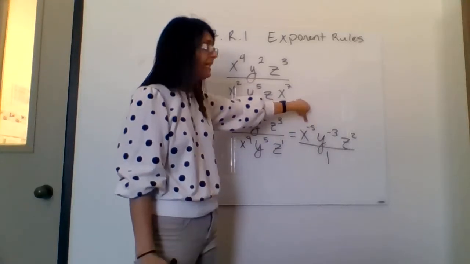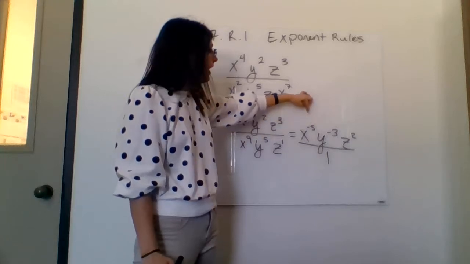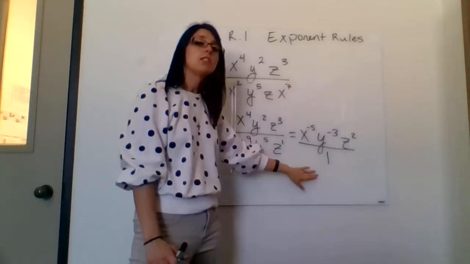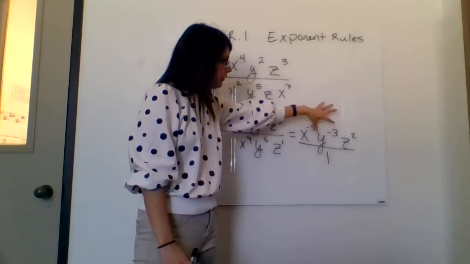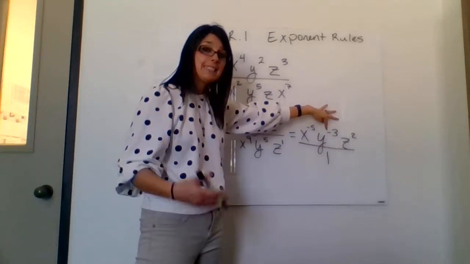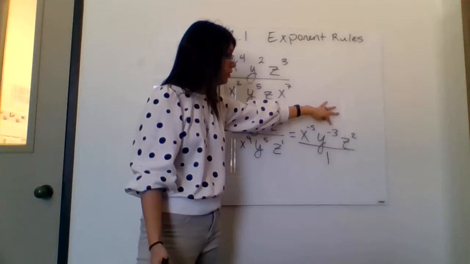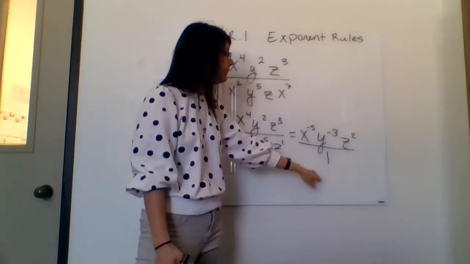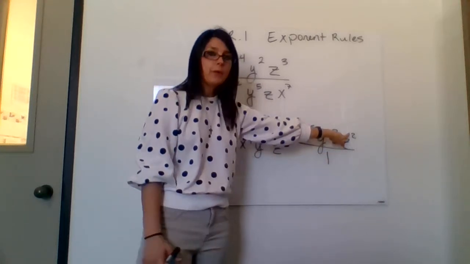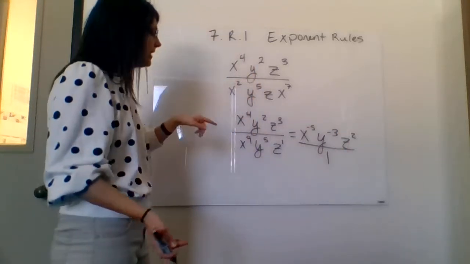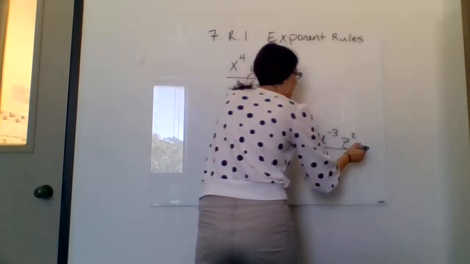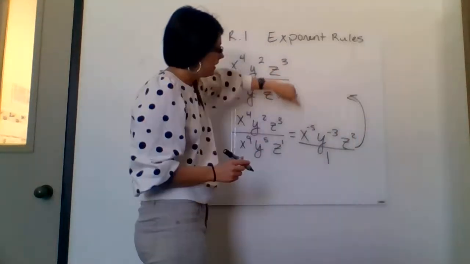So since x to the negative 5 is in the numerator, I can take its little negative and move it to the denominator, right? So likewise with y to the negative 3, that negative exponent indicates it's in the wrong part of the fraction. It's in the numerator, so I'll move it to the denominator. Z has a positive exponent, so that indicates that it's in the right spot. So rewriting this with all positive exponents, draw a little arrow.